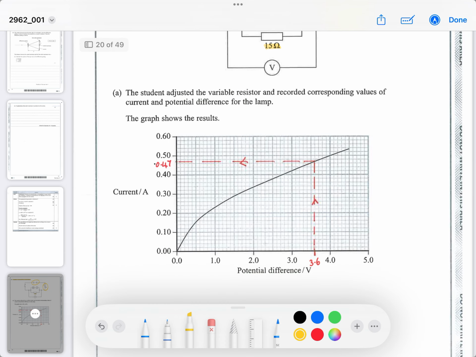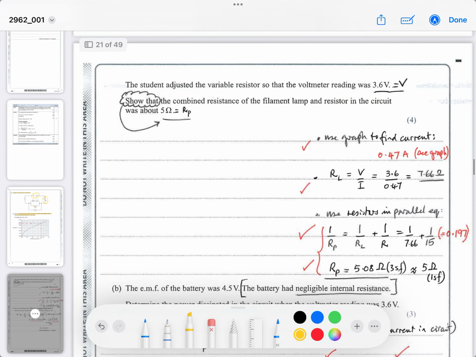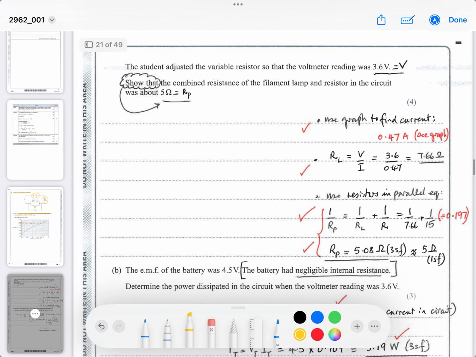The student adjusted the variable resistor, as I just explained, and recorded the corresponding values of current in the ammeter and potential difference for the lamp. The graph is shown below, so you can see it's a curved shape. It's not ohmic, okay? So what are they asking for? The student adjusted the variable resistor so that the voltmeter reading was 3.6 volts.